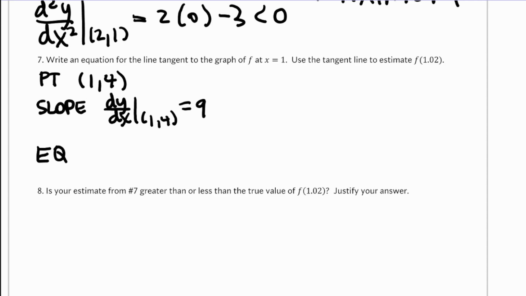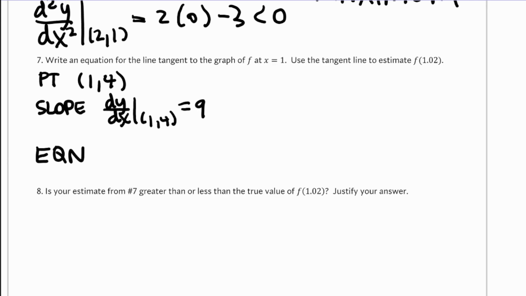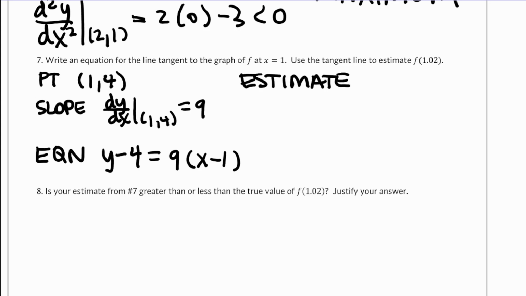So my equation is going to be y minus 4 equals the slope times x minus 1. And then I can estimate by adding 4 to both sides and plugging in 1.02 for x.